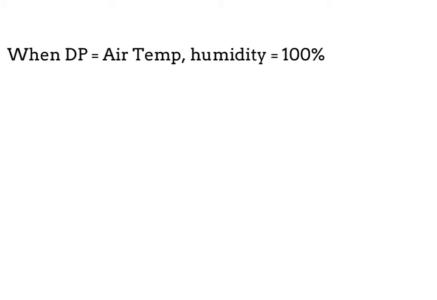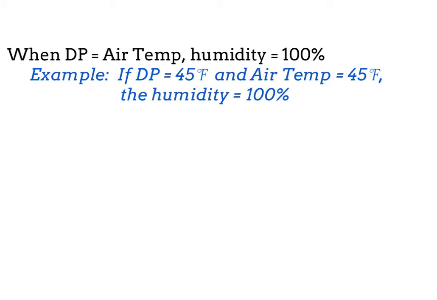So generally what happens is when the dew point temperature equals the air temperature, the humidity is 100%. So when those two temperatures are actually the same, you're going to have a very, very humid day outside. So for example, let's say the dew point temperature is 45 degrees Fahrenheit.